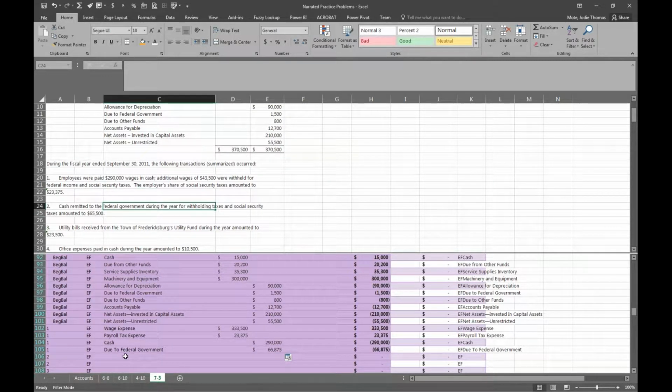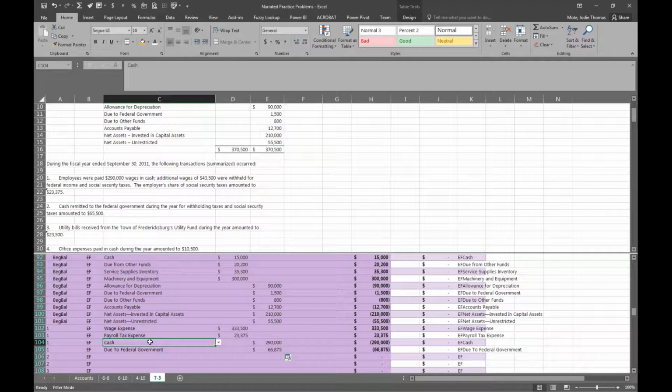The reason we're not making any entries to the government-wide journal, the Governmental Activities Journal, is because internal service funds and enterprise funds use the accrual basis of accounting, just like the government-wide Governmental Activities Journal.